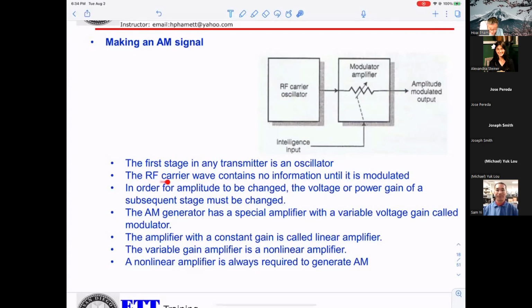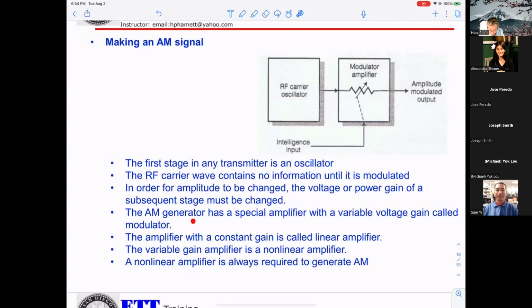The RF carrier wave contains no information until it is modulated. That means your voice is not in here. Your voice is right here. Okay, they will be combined inside here. In order for amplitude to be changed, the voltage or power gain of a subsequent stage must be changed.